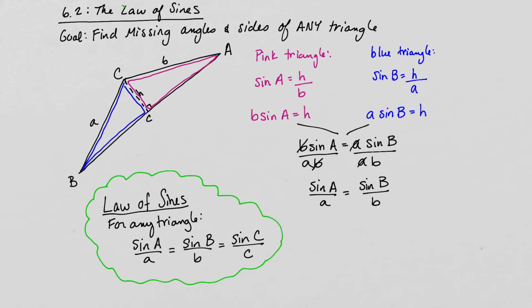Okay, so let's try some examples. All right, so solve the triangles. This is the same as what we were doing last class. When you see solve the triangles, we're trying to find all the angles and all the sides.